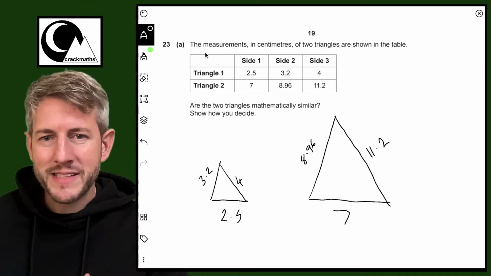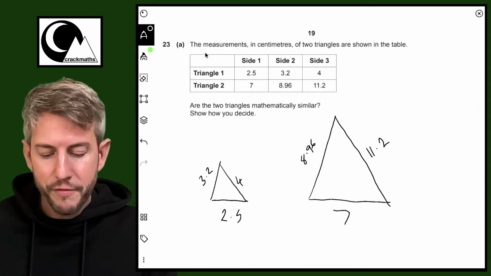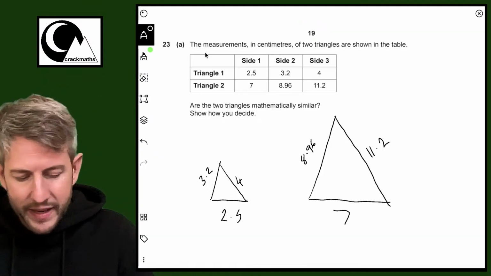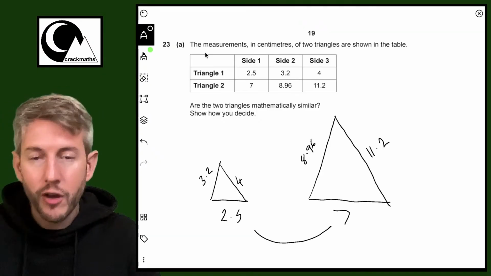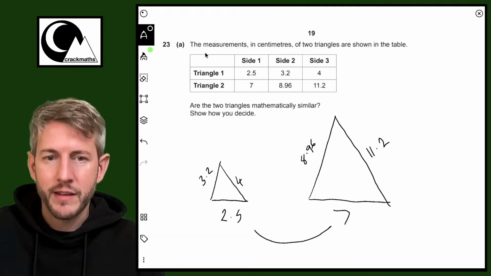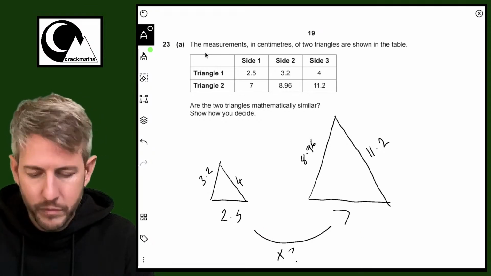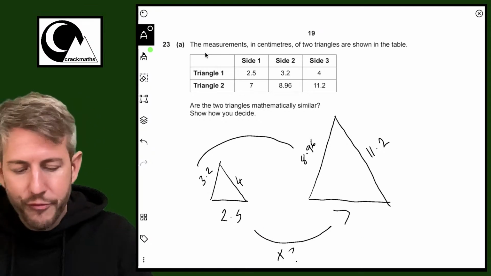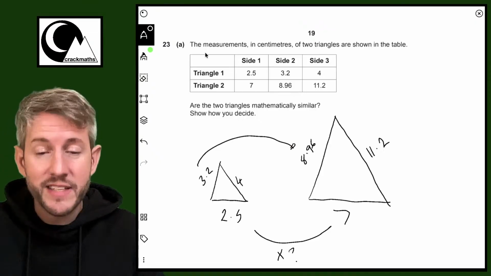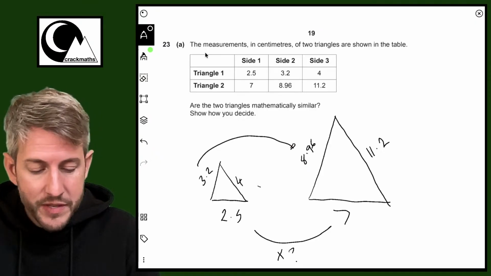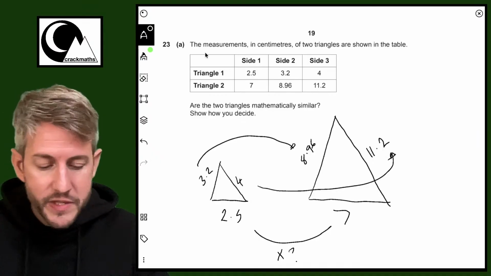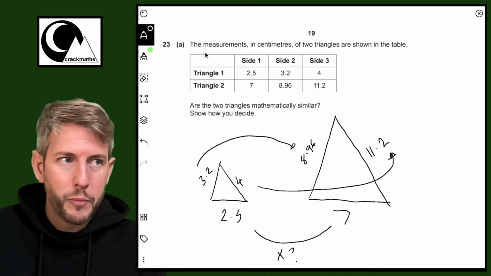If they are mathematically similar, this should be a perfect enlargement of this, which means that whatever I multiply 2.5 by to get to 7 will be the same as what I multiply 3.2 by to get to 8.96, and the same as what I multiply 4 by to get to 11.2.